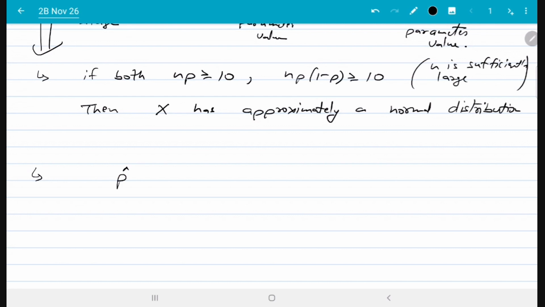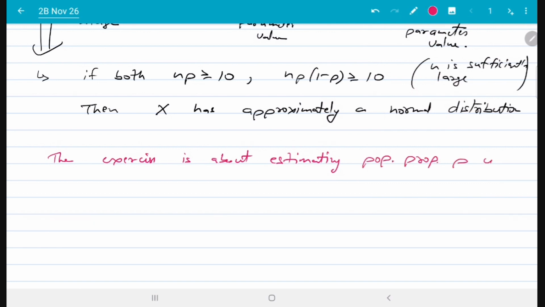The exercise would be to estimate population proportion P using sample proportion P hat.